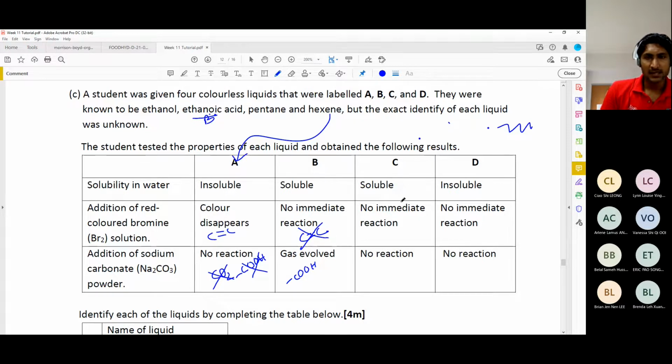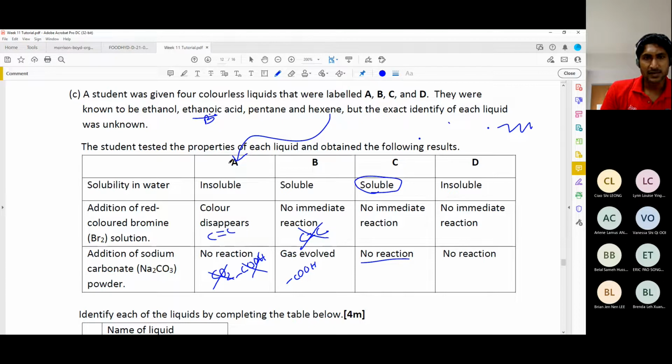For C, it is soluble in water. That means it's polar as well. And addition of red colored bromine, no immediate reaction. It does not react directly. And sodium bicarbonate, no carbon dioxide as well. So of course it does not have a COOH group. But it is soluble in water.